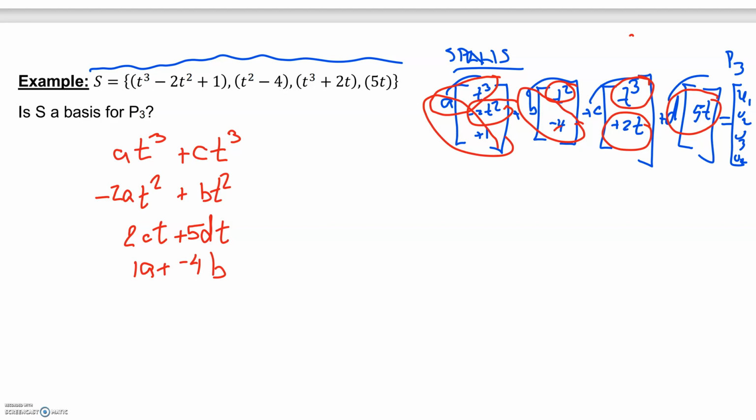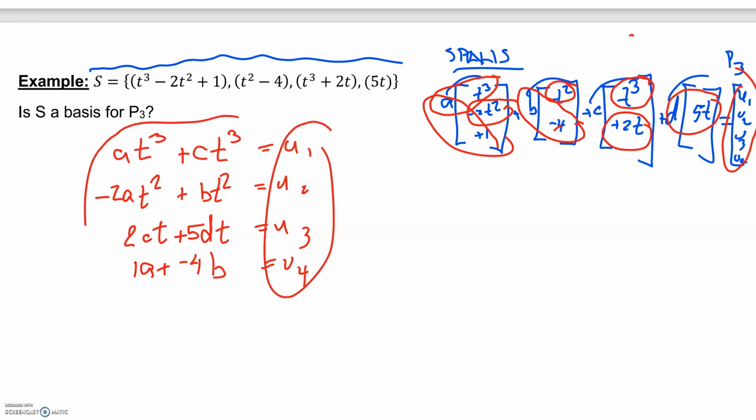Now the thing is, if this equals any vector, right? Any vector out there would be a linear combination of those. Since it's polynomial, we're going to write it like this. And so what I'll do is I'll write this into a system of equations, right? A plus, let's see, there's no B's, but there is a C, but no D's, equals U1.